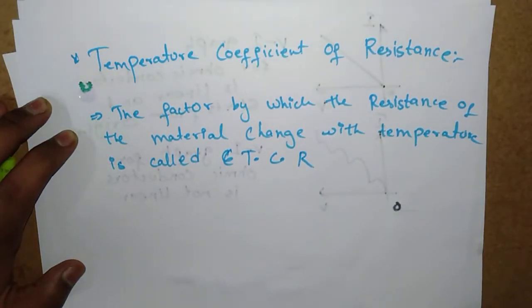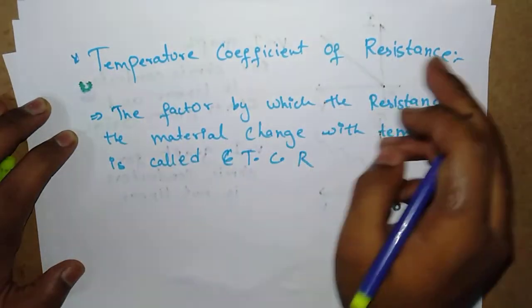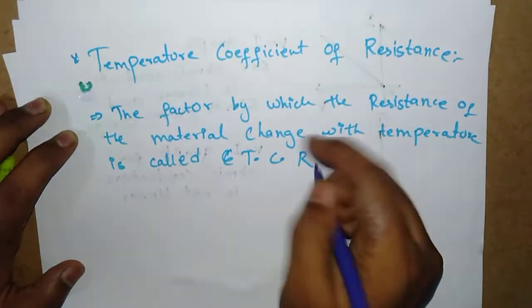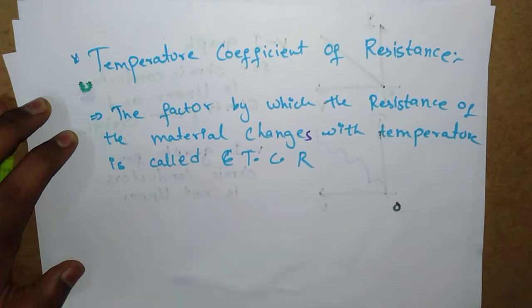Okay, so what does it mean? The factor by which the resistance of the material changes with temperature is called temperature coefficient of resistance. So any factor means any reason by which the resistance of the material changes with temperature.